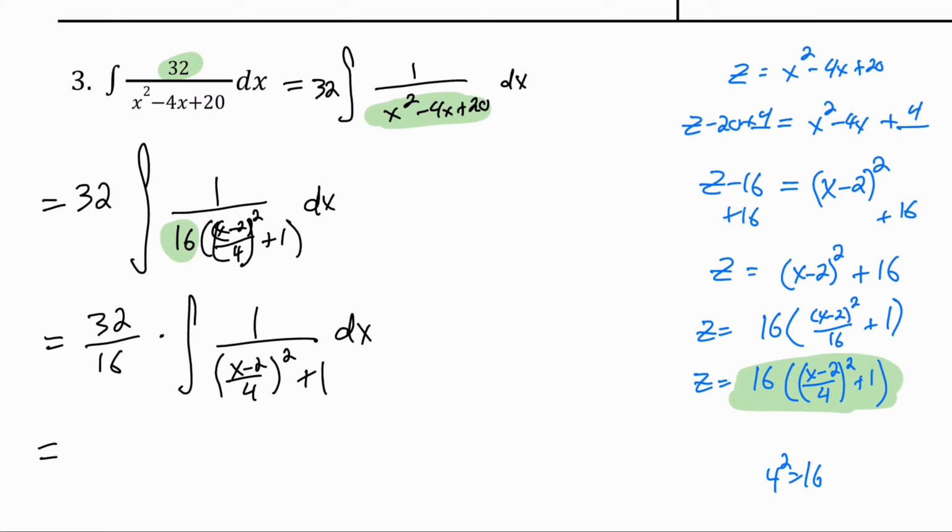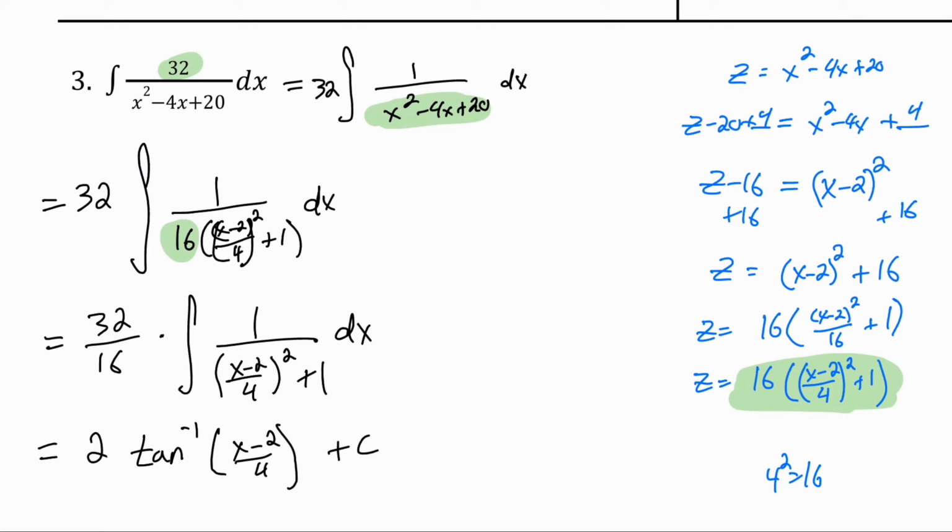That 32 over 16 just reduces to 2 times the integral, and we can integrate now. We're going to integrate our arctangent. There's a little chain rule and u-substitution happening here, so when we integrate this, we have the arctangent of (x minus 2) over 4 plus C.